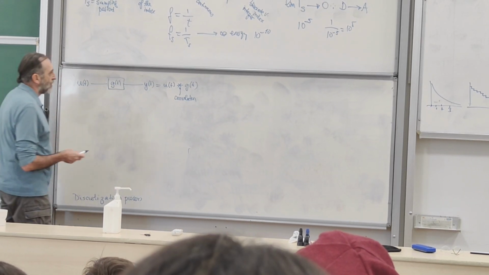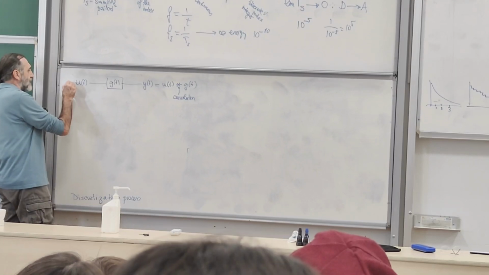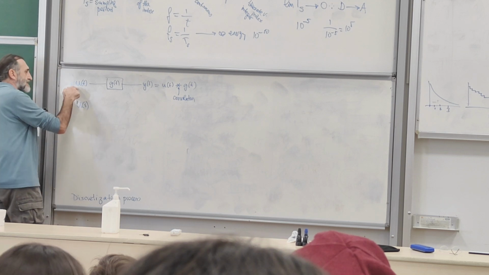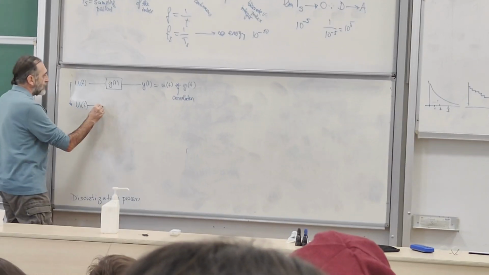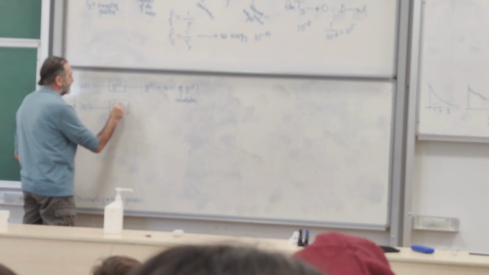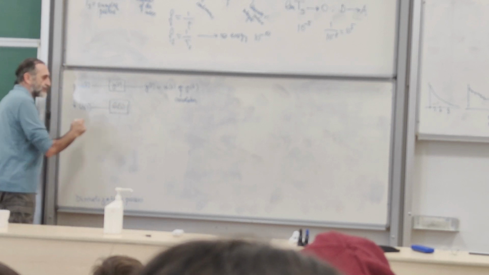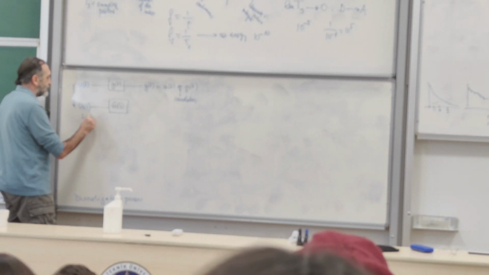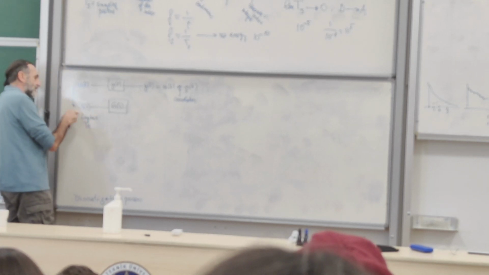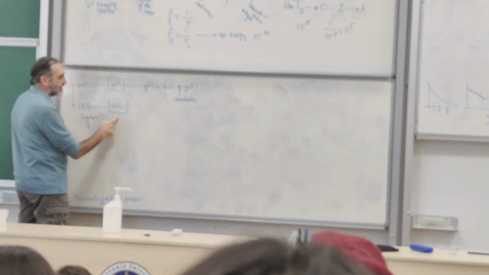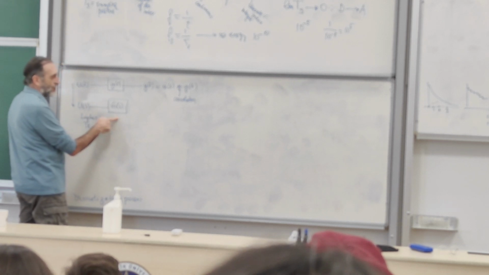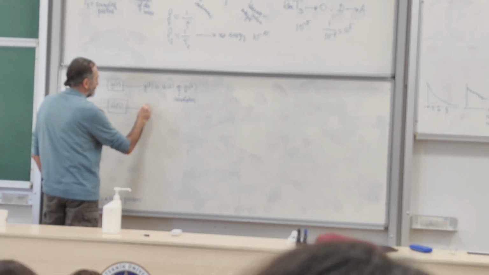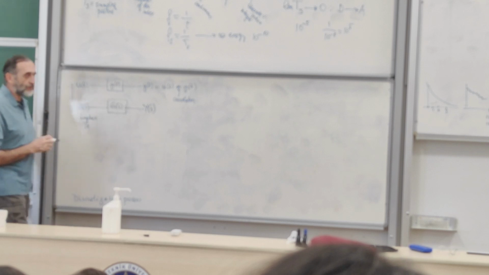And when you move to the Laplace domain, then you have U(s), the Laplace transform of the input, going into G(s), the system transfer function. This is the Laplace transform of the signal input, this is the Laplace transform of the system, and this is the Laplace transform of the output.